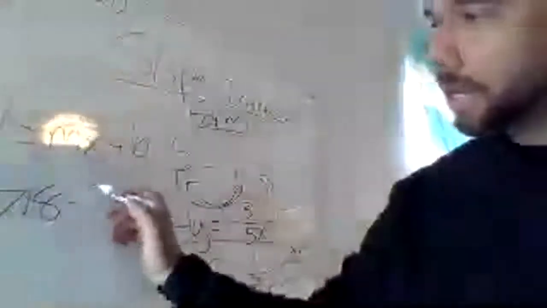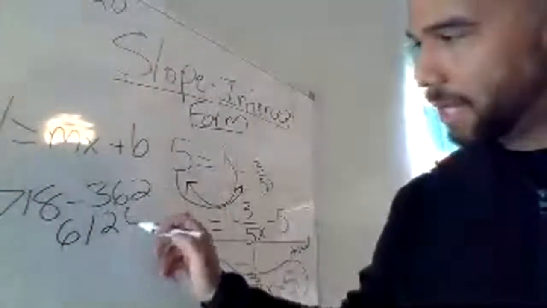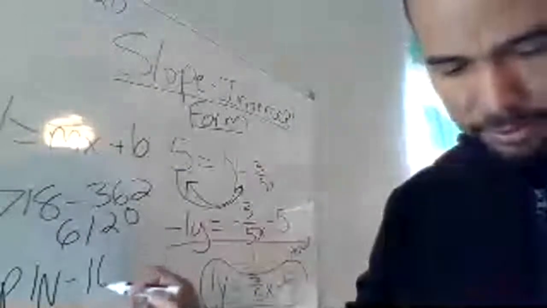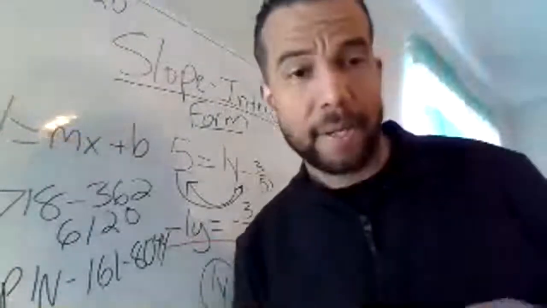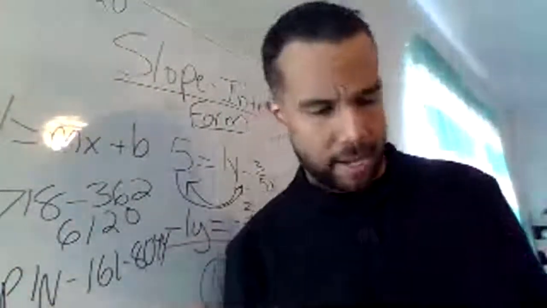So for those of you that are watching, the conference call number is 718-362-6120, and the pin is 161-8044. I'm going to be calling it because I think that some of you guys are going to be more comfortable using that.